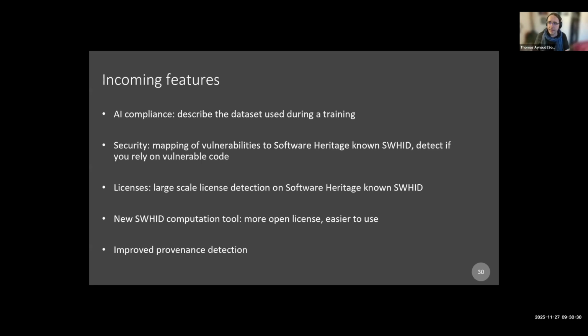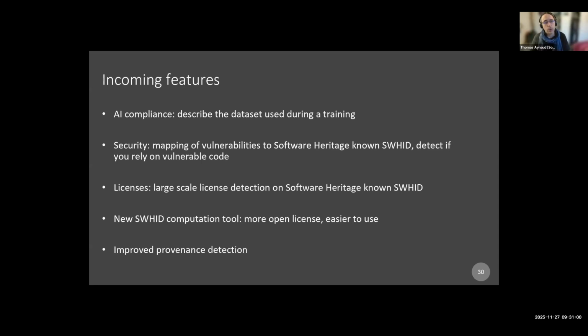Sometimes it's not that precise, but we can already compute the suite of both of those parts and allow you, for instance, to detect if you rely on vulnerable code, because with the graph, we can say, okay, all those commits beyond this and beyond that are vulnerable to the vulnerability. And with the scanner on the suite, giving us the suite, we can tell you, okay, maybe you have an issue with this kind of vulnerabilities.